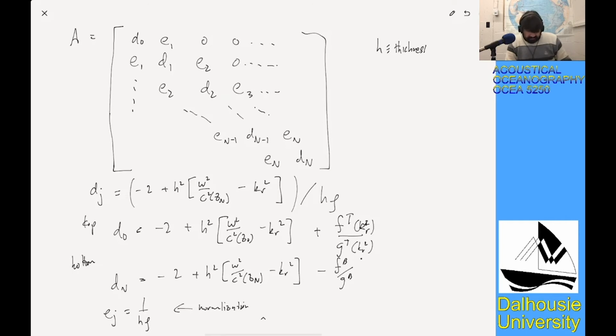Wow. Okay. Now, what about these ratios of F over G? So for pressure release, F over G goes to infinity as psi naught goes to 0. So the first row and first column can be deleted.